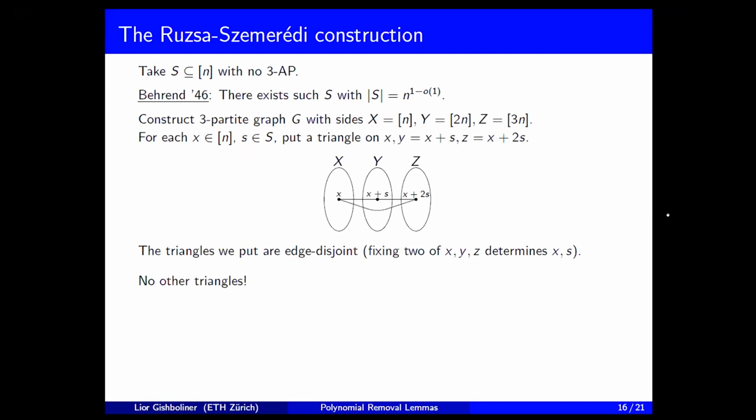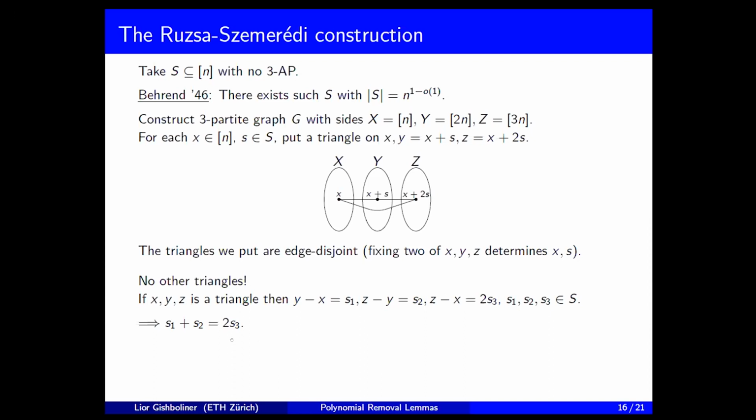Let's prove this. Let's suppose that some xyz is a triangle. Why do we have the edge xy? Because y minus x must be some element of S, let's call it s1. Similarly, z minus y must be some element of S, let's say s2. And z minus x must be 2 times some element of S, let's say 2 times s3. Then s1 plus s2 equals 2 times s3.